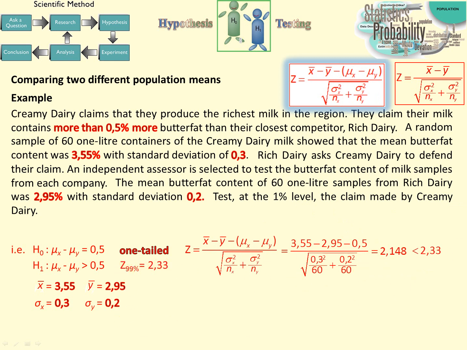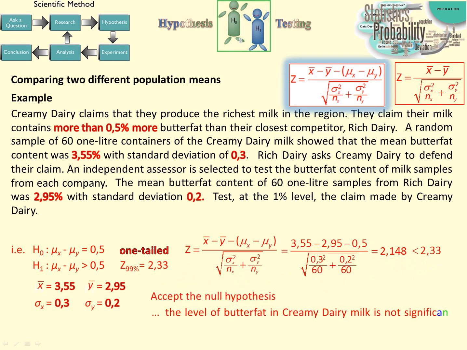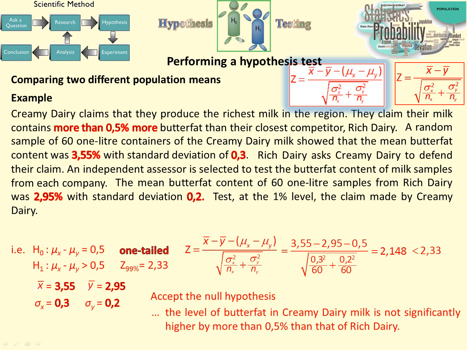It's less than 2.33. So we accept the null hypothesis because it is in the acceptance region. It's lower than the actual extreme z-score. So Creamy Dairy, bad luck.